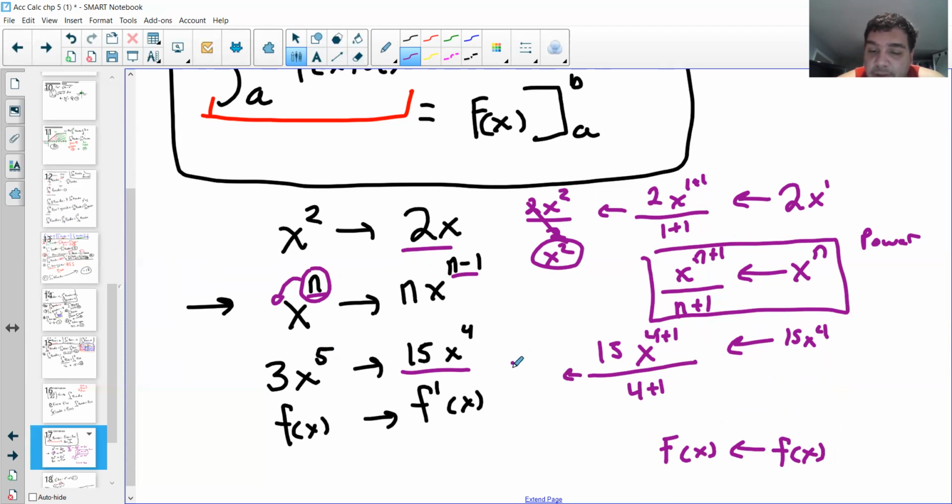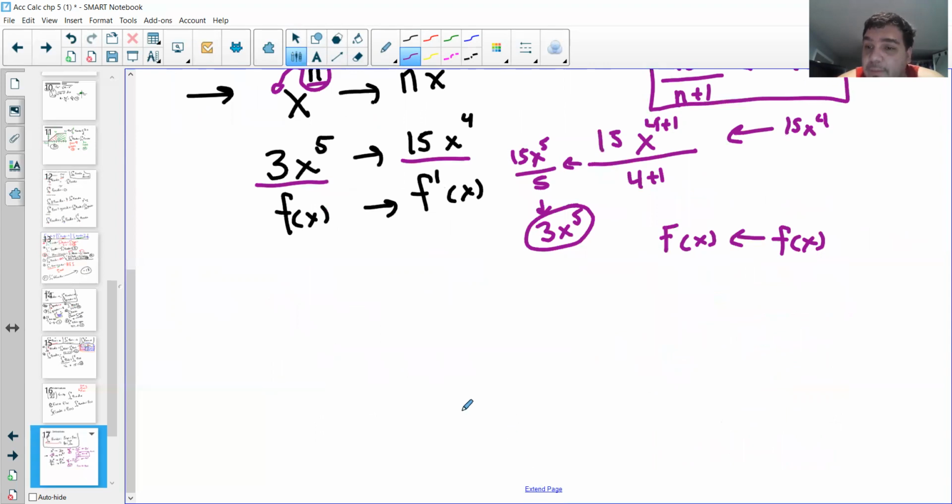Clean that up a little bit. 15x to the fifth over 5. 15 over 5 reduces to 3x to the fifth. So you could see how our antiderivative gets us back to that original equation, or that original idea. This is how power rules work.